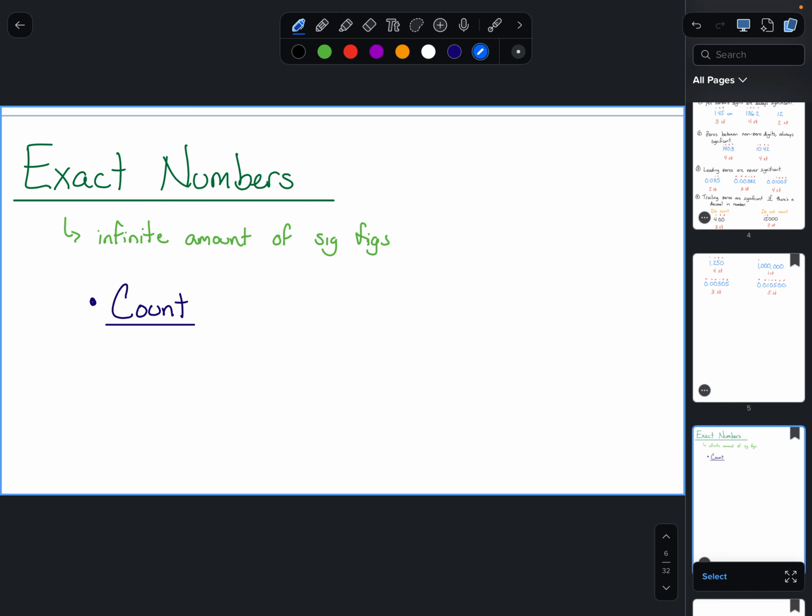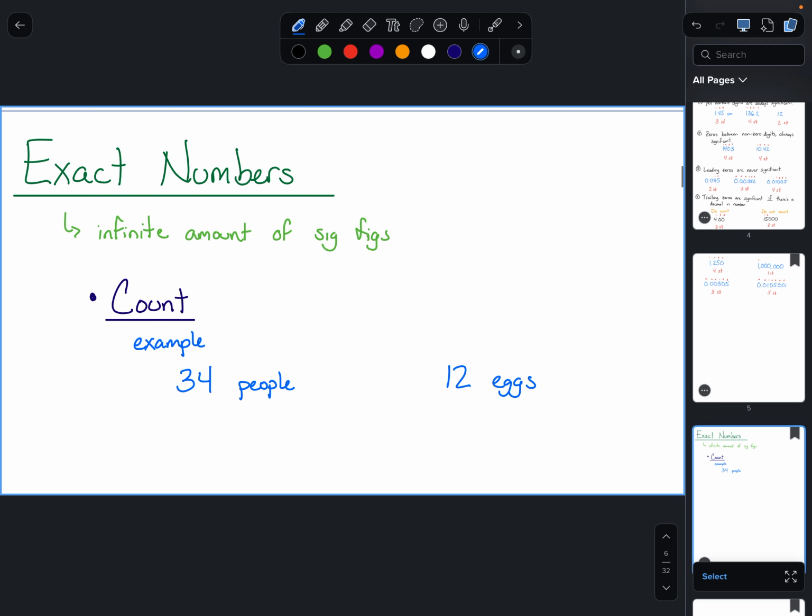A dozen eggs, 12 eggs. There isn't maybe 11.9 or 12.1 in there. They're not somewhere in there. No, there are 12 eggs in that carton, right? So those are things you count. So examples would be 34 people or 12 eggs. These numbers look like they have 2 sig figs if you're applying our rules for sig figs. So context is really important.